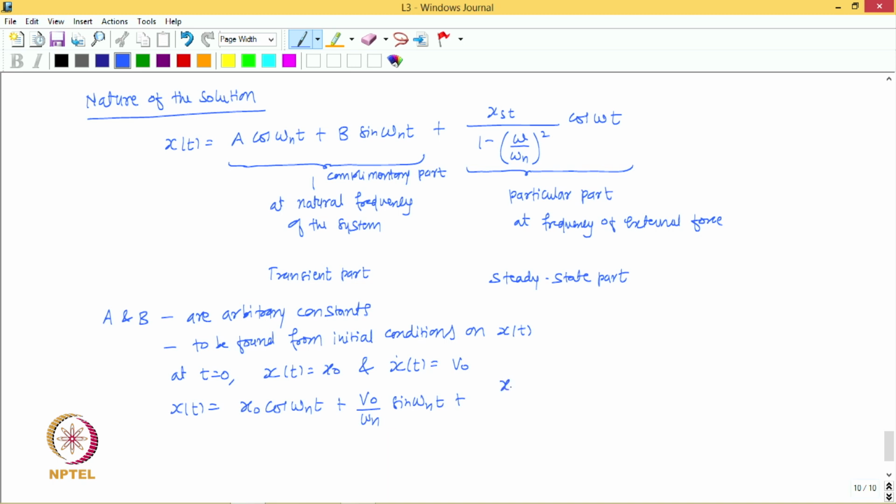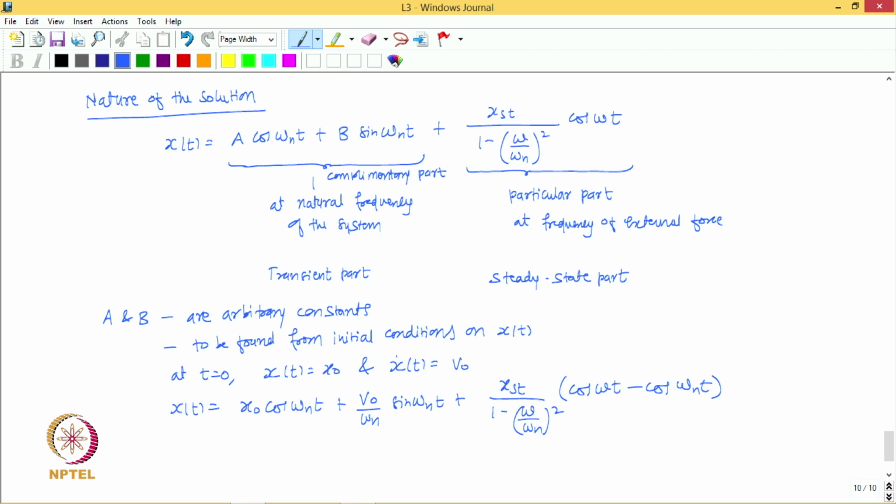Plus x static upon 1 minus omega upon omega n square, times cos omega t minus cos omega n t.